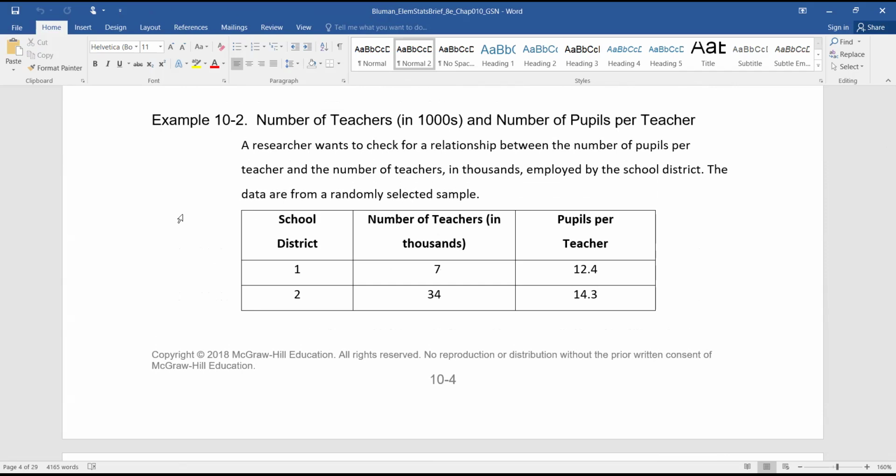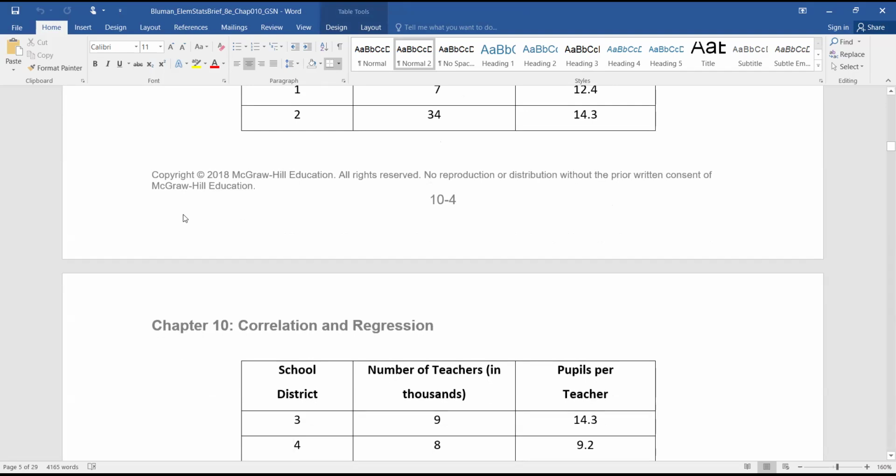The data are from randomly selected samples. So we can see that school district 1 had 7,000 teachers and 12.4 students per teacher. School district 2 had 34,000 teachers and 14.3 pupils per teacher.